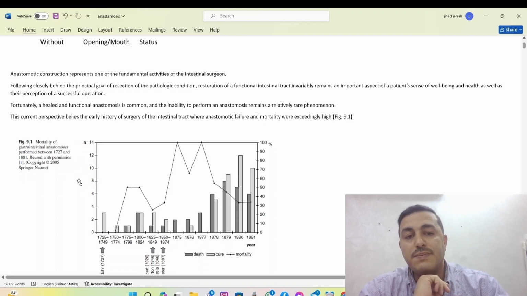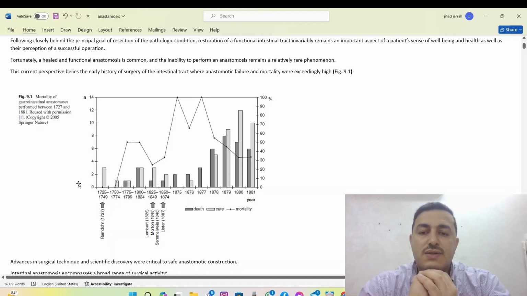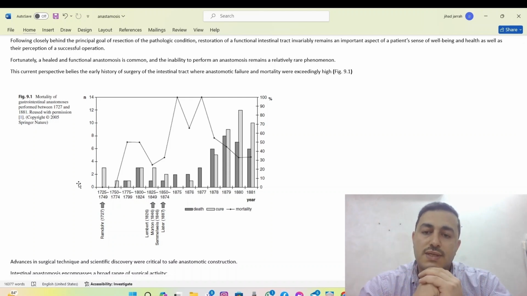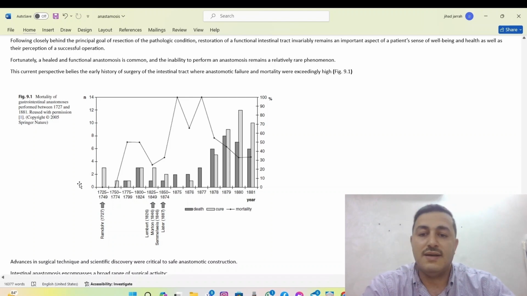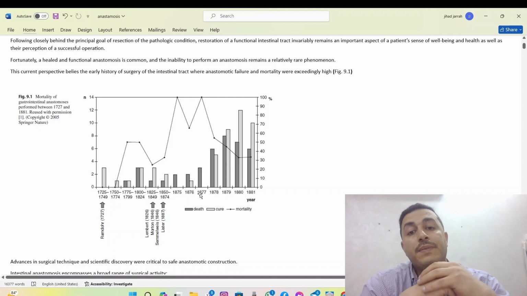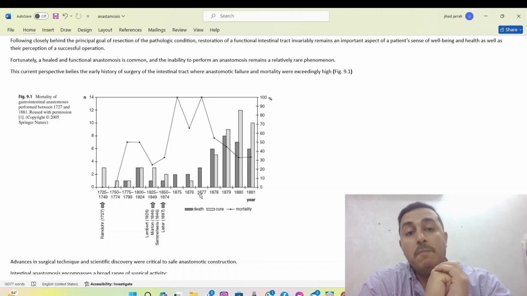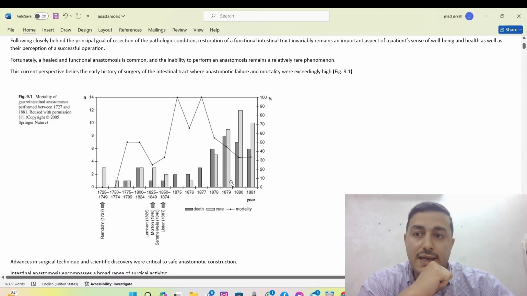You can see in this picture that when surgeons started to construct anastomosis, nothing was easy. For example, these dots are the mortality rate. It was up to 100 percent in 1877. So patients suffered enough until we reached the modern medicine of today.